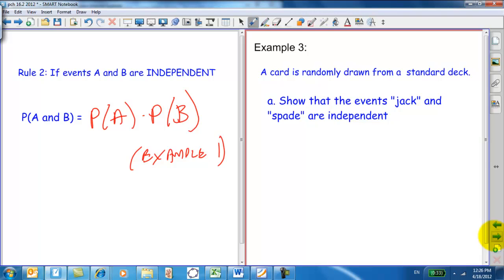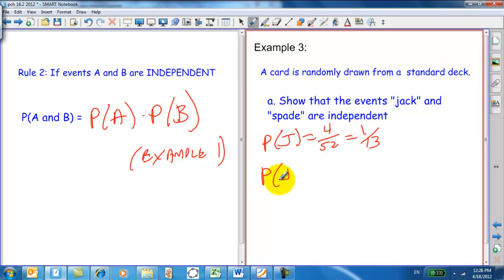Now here's example 3. A card is randomly drawn from a standard deck. Show that the events Jack and Spade are independent. Okay, Jack and Spade. So the probability of a Jack: there's 4 Jacks in the deck out of the 52, that's 1/13.